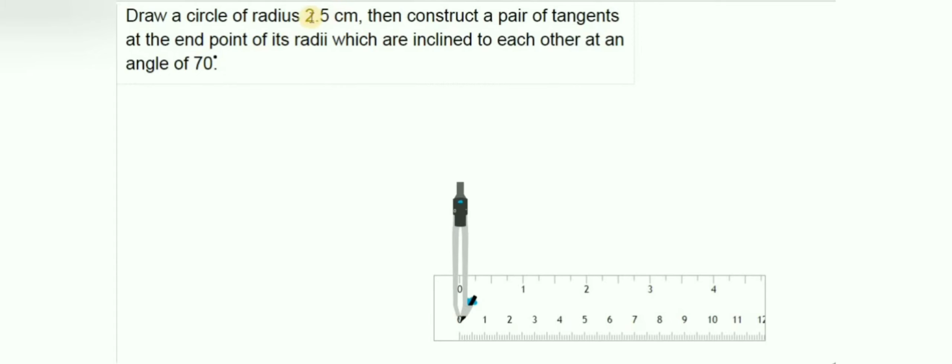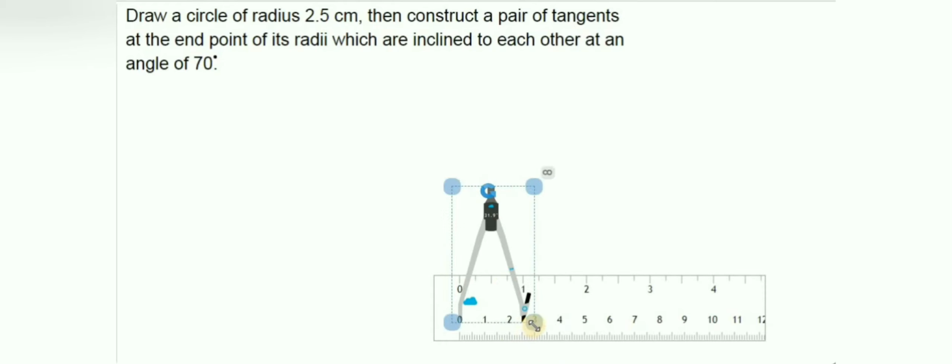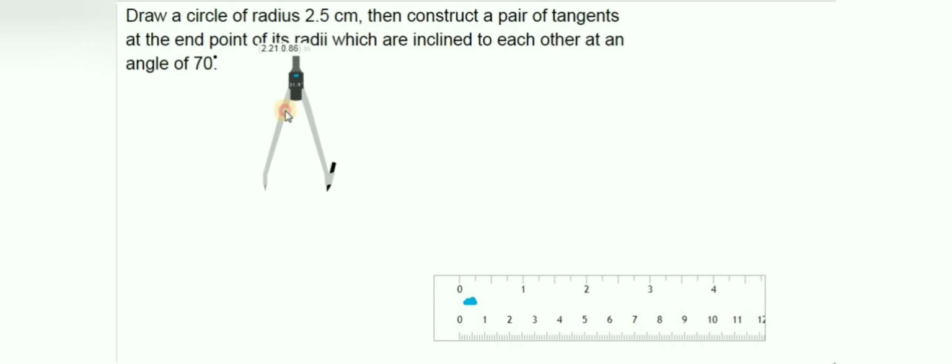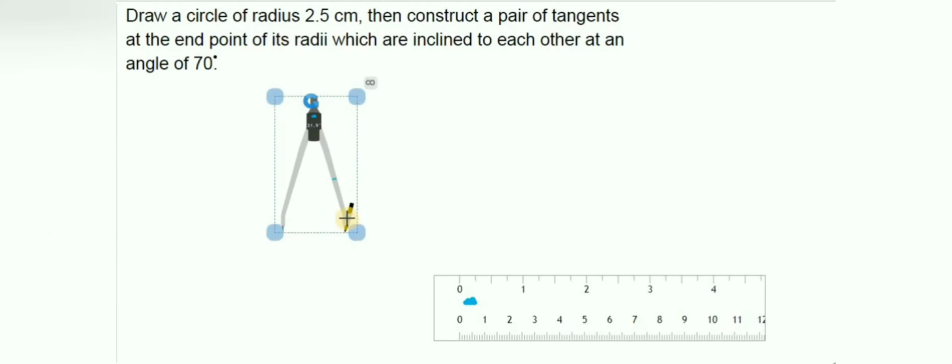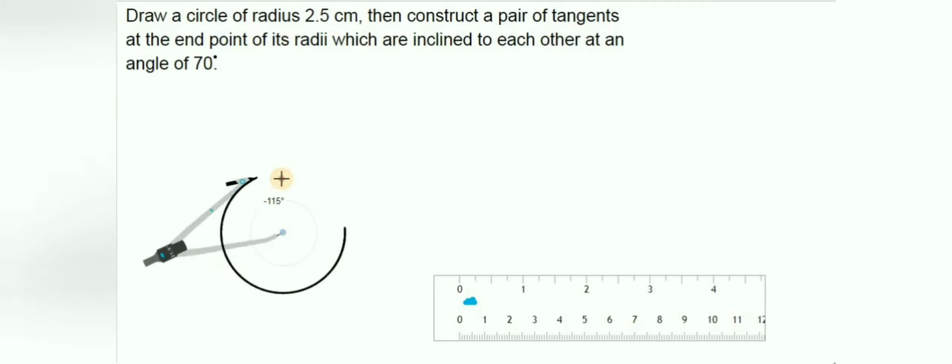It comes between 2 and 3, so this is 2.5 centimeter. Draw at mid place. In the middle we have to draw the circle of radius 2.5 centimeter. Draw like this.